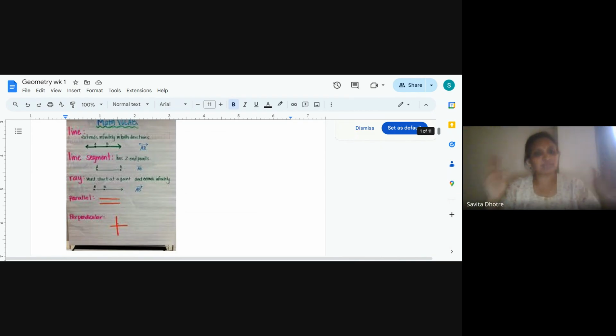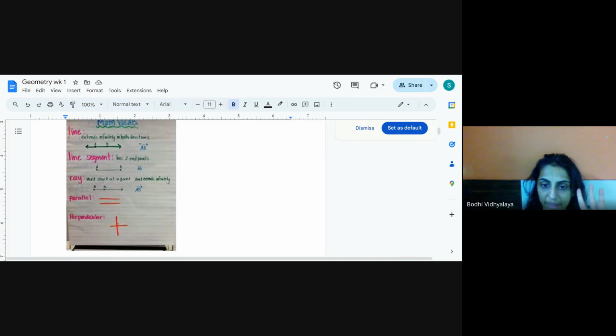When there are two endpoints, it's a line segment. When there is one endpoint and it is moving in another direction, it is a ray. This is very important in geometry, where they really understand what is a line, what is a ray, what is a line segment, what are parallel lines, what are intersecting or perpendicular lines.